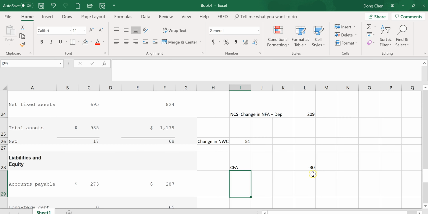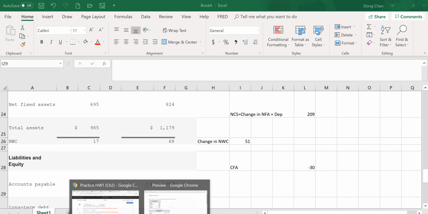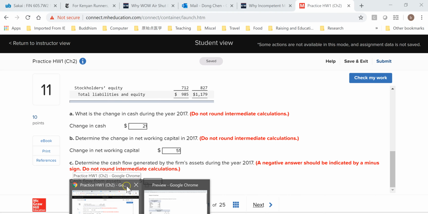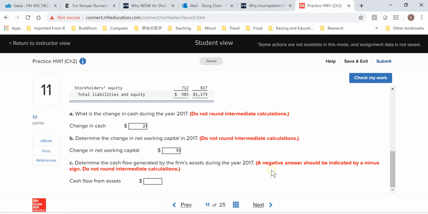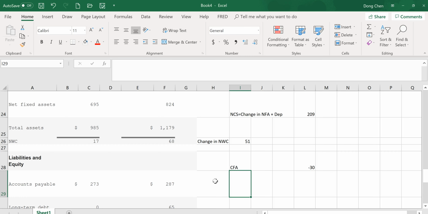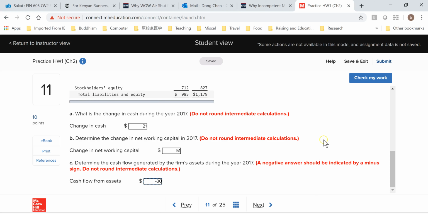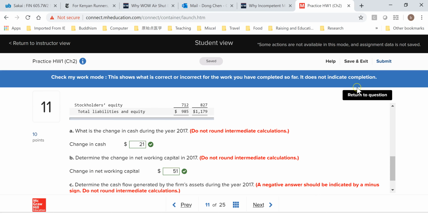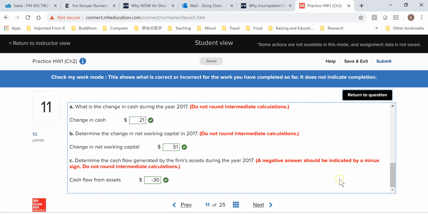So this turns out to be a negative number, as we explained, which is a possibility based on the rounding requirement here. So we could just type negative 30, and let's check our work.